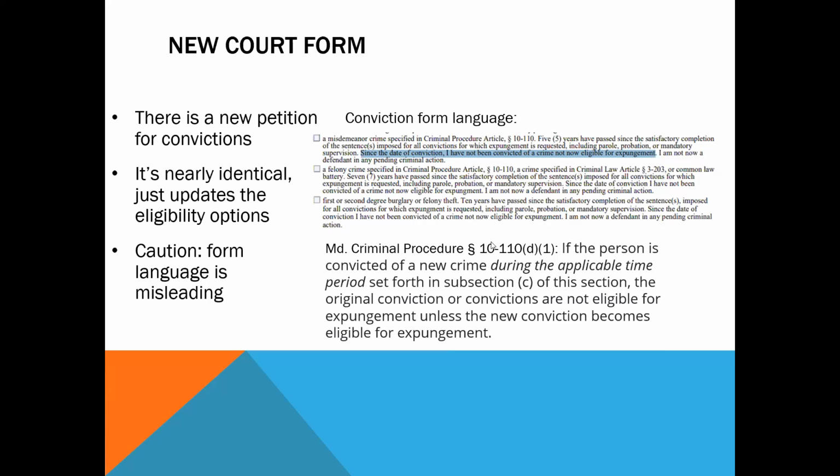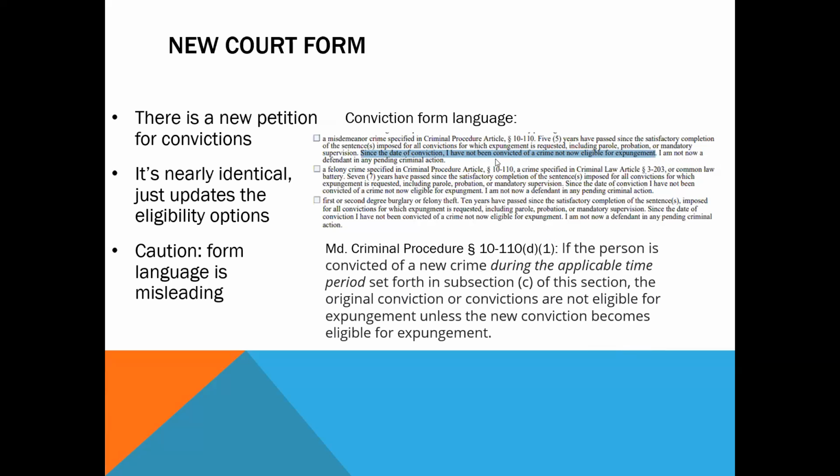If we look at the subsequent conviction rule itself as stated in Maryland Criminal Procedure 10-110, it says, if the person is convicted of a new crime during the applicable time period, then there is a subsequent conviction violation, and you have to wait until the new conviction becomes eligible for expungement. So that clearly states that the subsequent conviction only counts against the petitioner if it occurred during the waiting period for the original case that they seek to expunge.